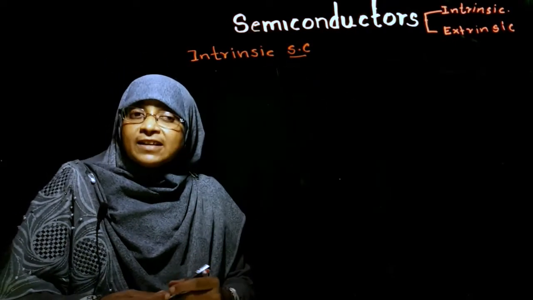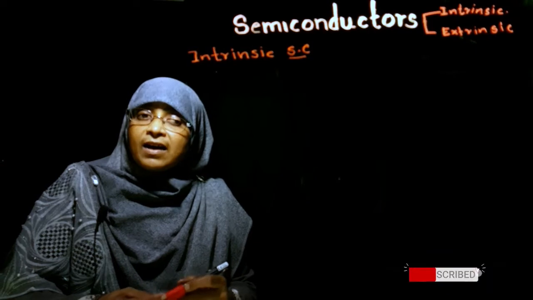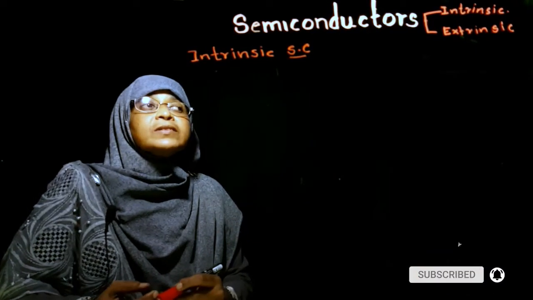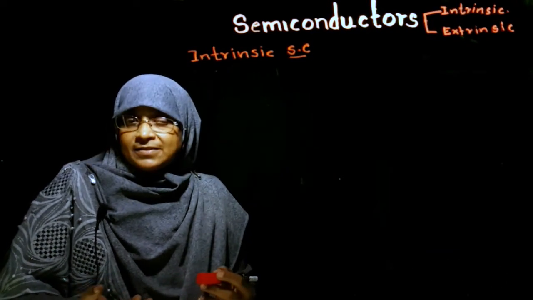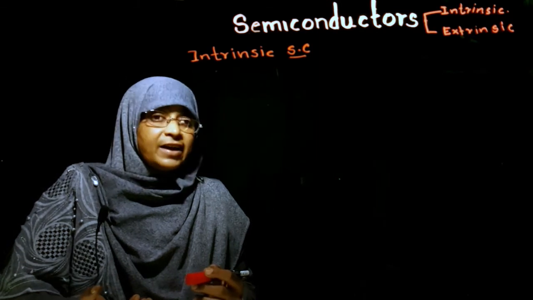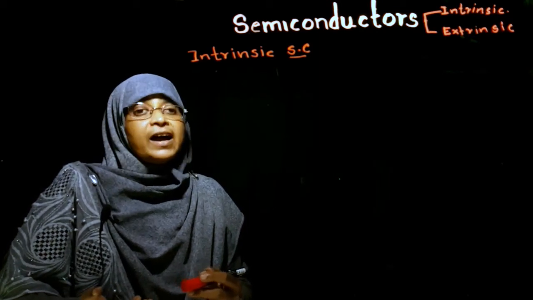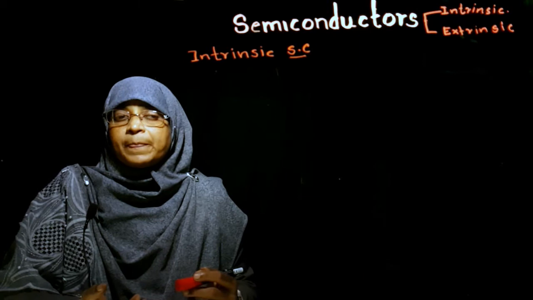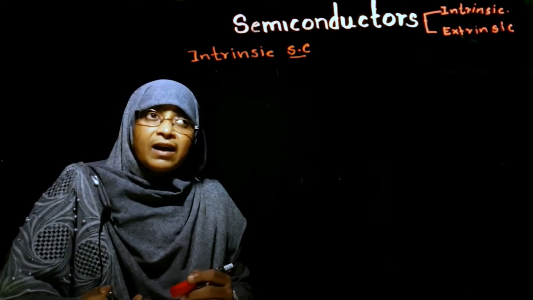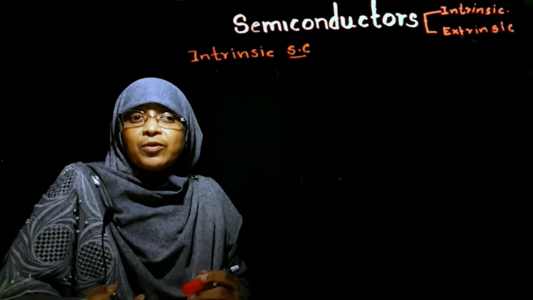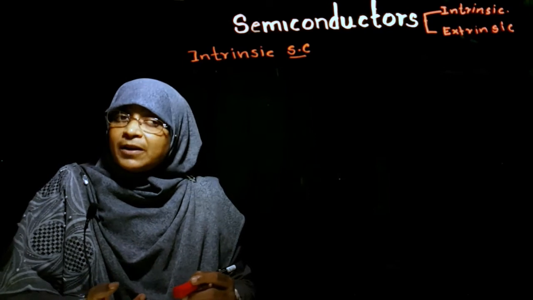These intrinsic semiconductors are pure semiconductor materials such as silicon and germanium. These elements belong to group 4 in the periodic table.